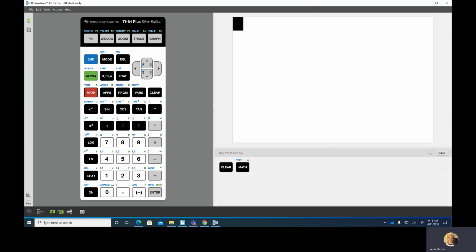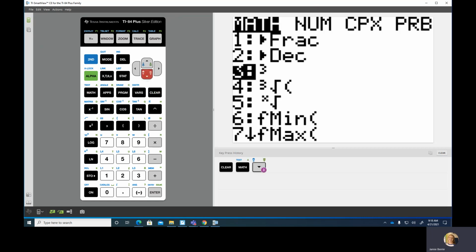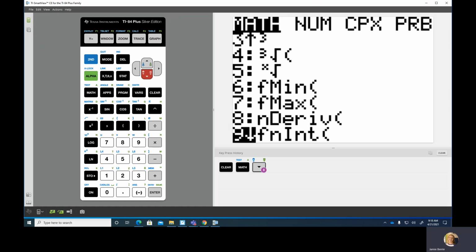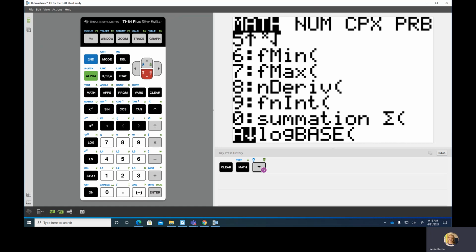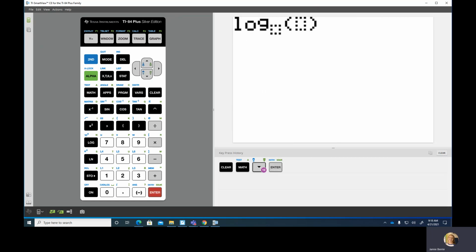But if you go to math and you go way down, I think it's number 8, yeah, log base, that lets you plug in any base for any logarithm. So it lets you edit the base. And you can put in like a base 7, a base 1/2, anything.